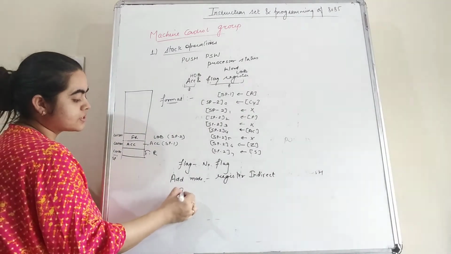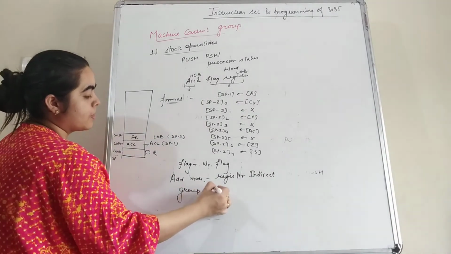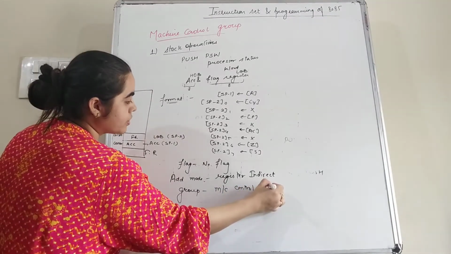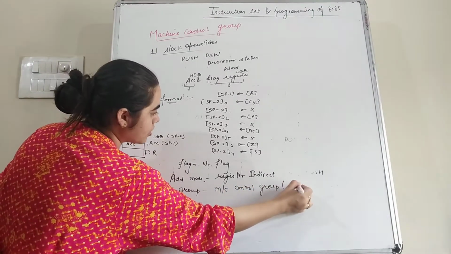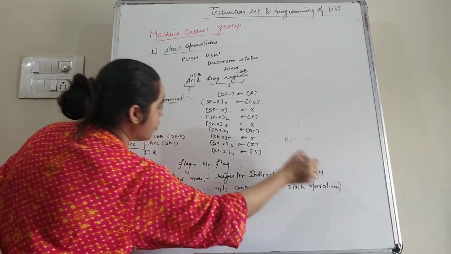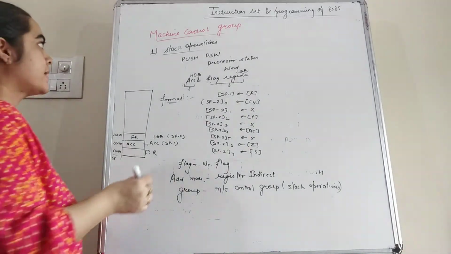Now the group of this instruction is machine control group, and you can write in bracket stack operations. So this is the format of the instruction.